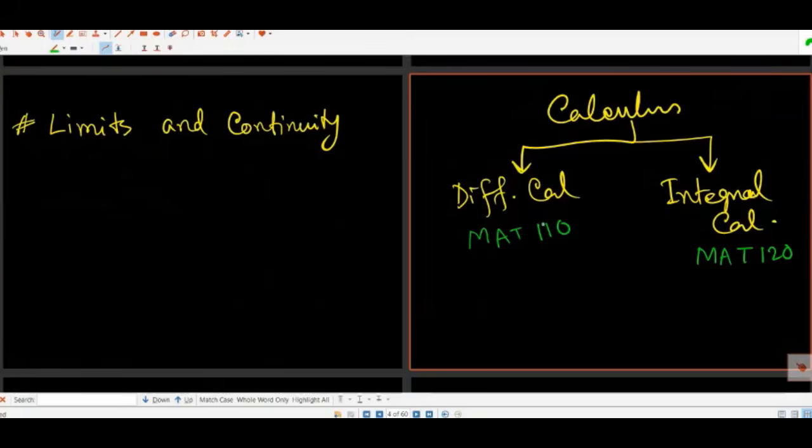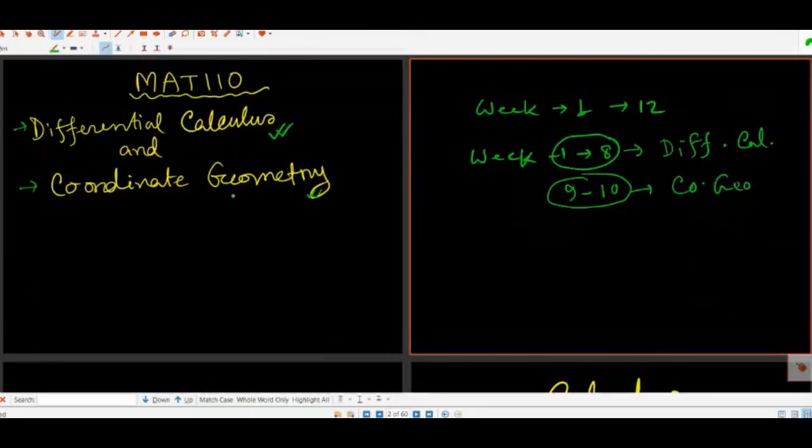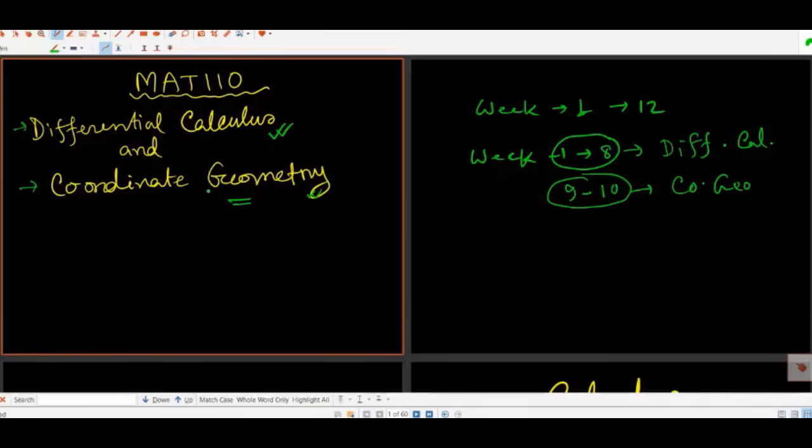So after completing Math 110 successfully, you will be able to take Math 120 and there you will learn about integral calculus. So the whole syllabus of Math 110 is designed for differential calculus and some parts from coordinate geometry.